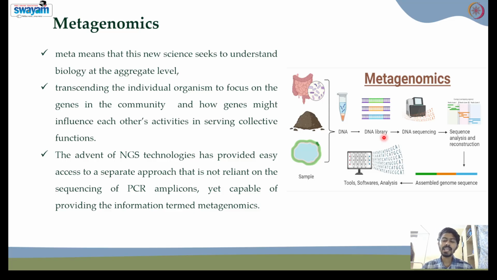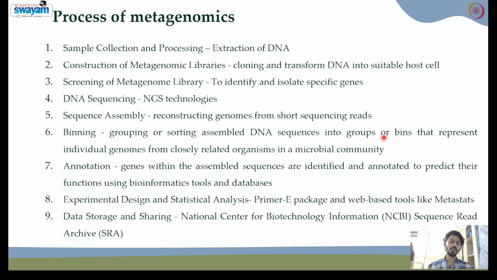So due to the advent of next generation sequencing, it has provided easier access to a separate approach that is not reliant on the sequencing of PCR products, but capable of providing the information termed metagenomics. So if you see the procedure, first you will be collecting the sample and processing it.